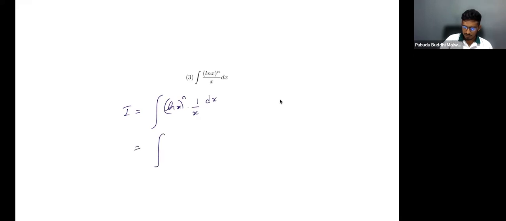So I would like to express like this. Now here, again, focus on this part, natural log of x to the power of n. The inner function is natural log of x. That's very important. Then here we have the derivative of the inner function. Right?